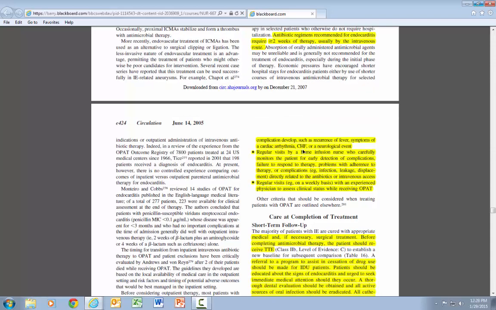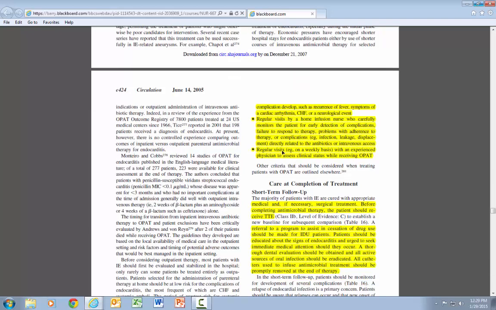So regular visits by a home infusion nurse who carefully monitors the patient for early detection of these complications are necessary. The patient also has to see the practitioner every week to monitor these symptoms.